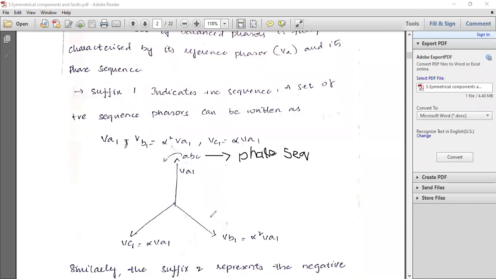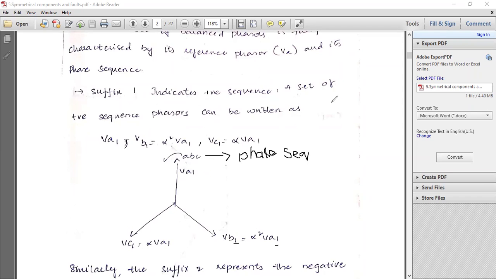This is a phase sequence. So VA, ABC. Here the suffix 1: VA1, VB1, VC1. All these indicate that these are positive sequence phasors.